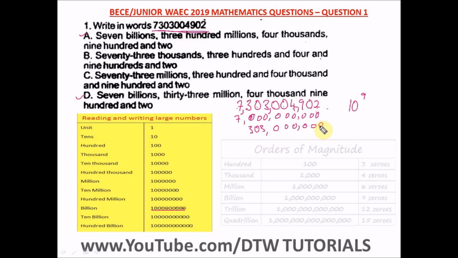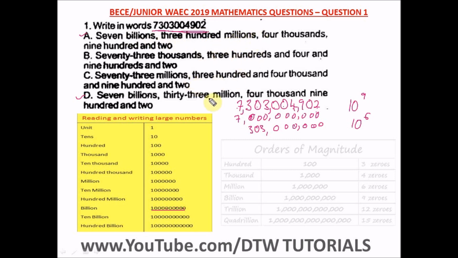When you have a power here, 1, 2, 3, 4, 5, 6, that's 10 raised to power 6. This is what? Millions. When you have 6 zeros, which is 10 raised to power 6, it is millions. So this is 303 million.